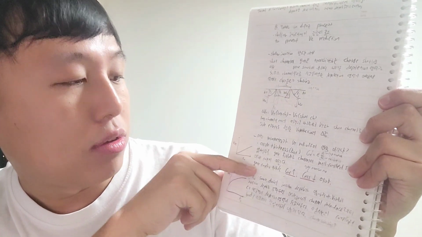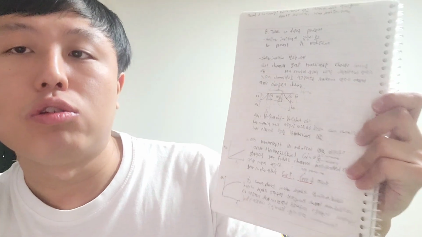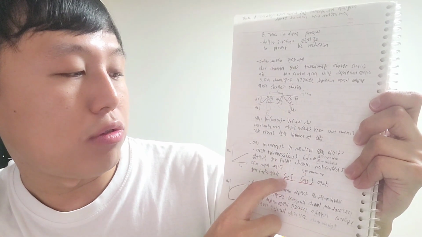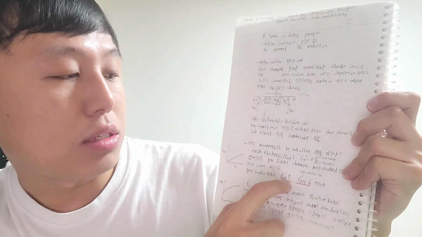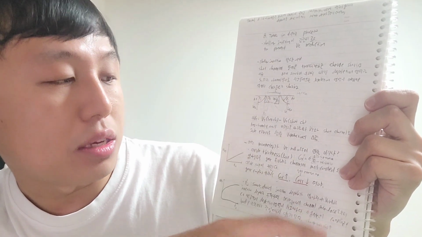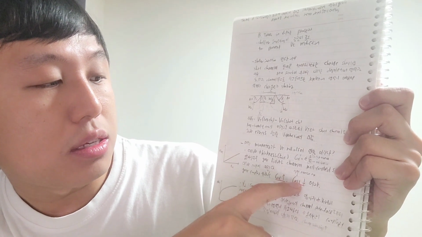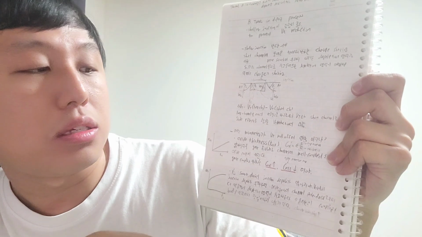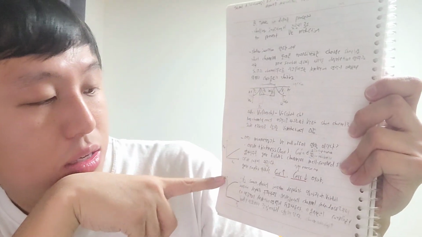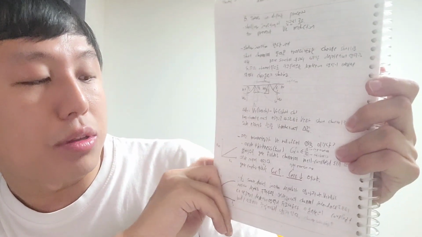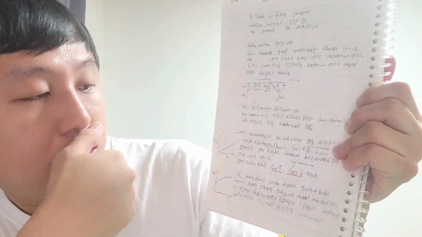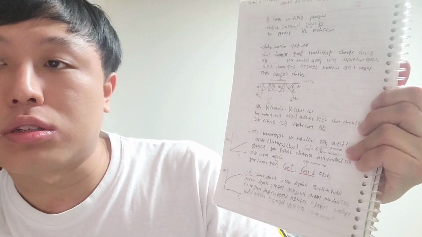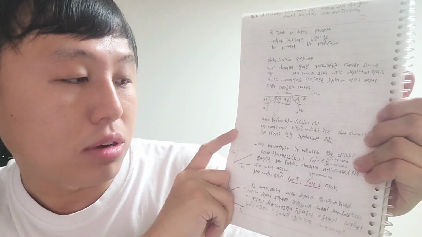If we want gate coupling, COX will increase and CEFF, the effective capacitance, will decrease. The next parameter is XJ, the junction depth of source and drain.